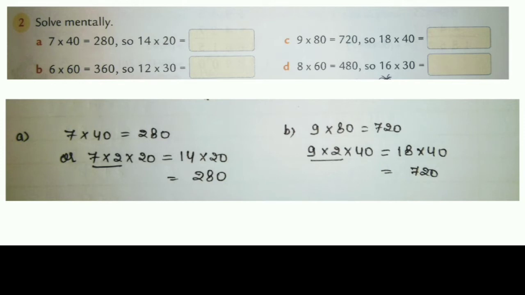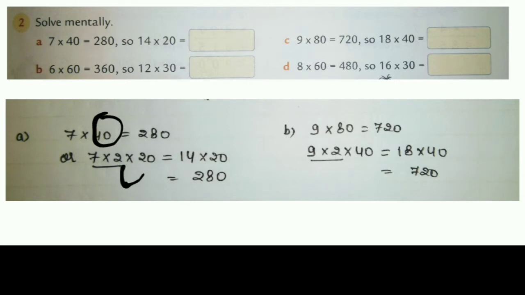Next, solve mentally. It means we have to use the logic here, because whatever number is given, the same answer we will get in that box. But how? See, 7 multiplied by 40 is 280. So what they have done is they broke down this 40 like 2 and 20.